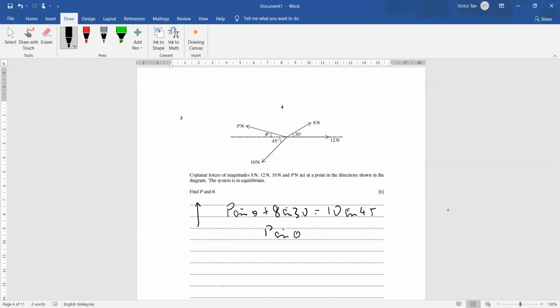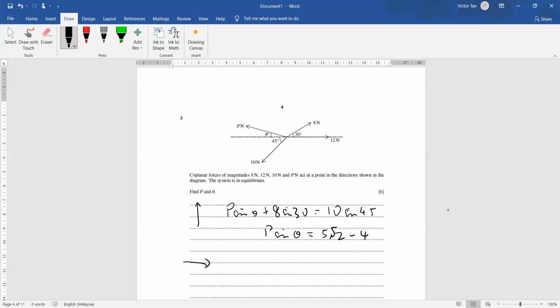P sine theta: 8 sine 30 is 4, and sine 45 is √2/2. So this is 5√2 minus 4.